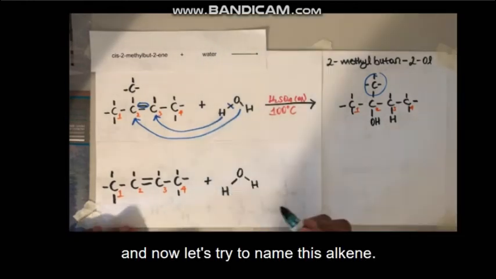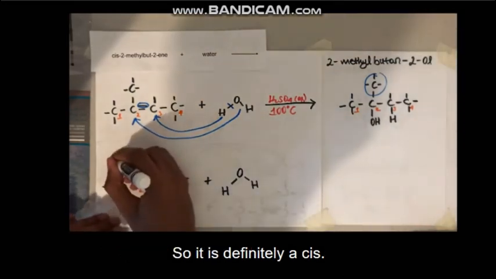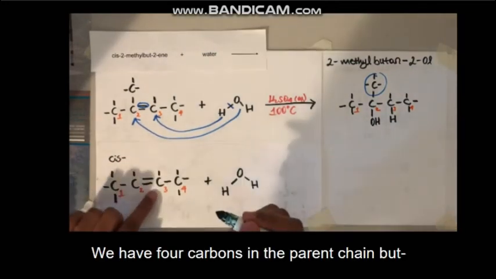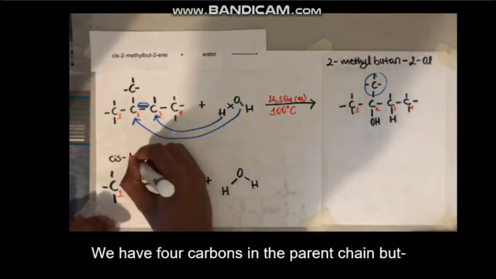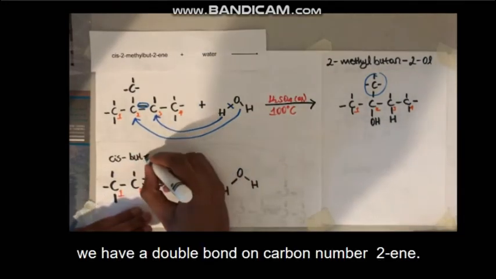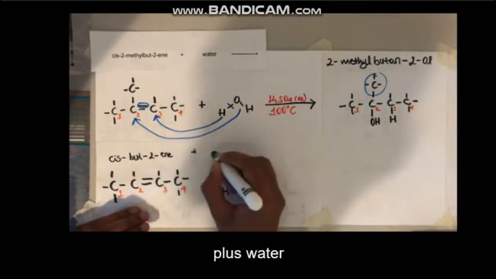And now let's try to name this alkene. So it is definitely a cis. We have 4 carbons in the parent chain, but. We have a double bond on carbon number 2, 2-ene, plus water.